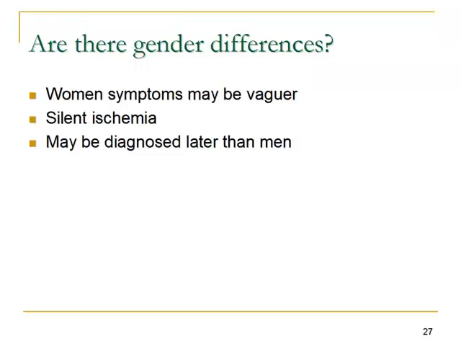The other thing is remember that menopause elevates the lousy lipids, the LDL, and it actually decreases HDL lipid levels. So that's an issue with postmenopausal women also. About 15% of all men and women will actually have a silent ischemia, or sometimes it'll be called an asymptomatic MI, where they actually will have heart damage without having any chest pain with it.